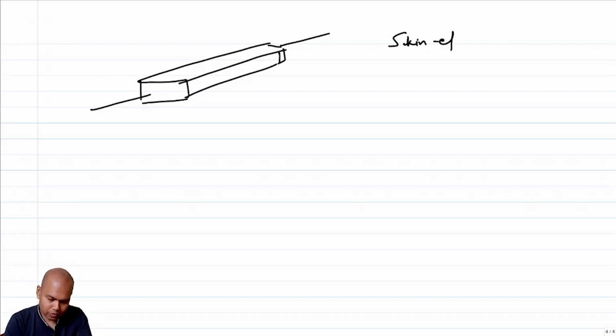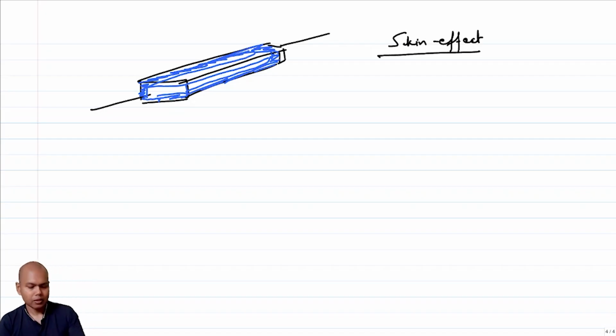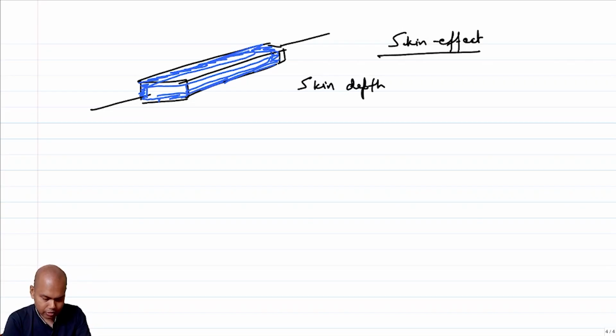Because of the skin effect, the carriers are localized around the surface boundary of the conductor, and the skin depth is proportional to 1 by root f.